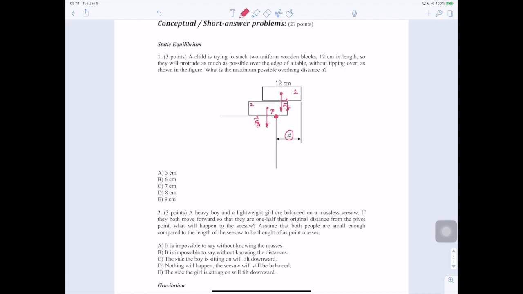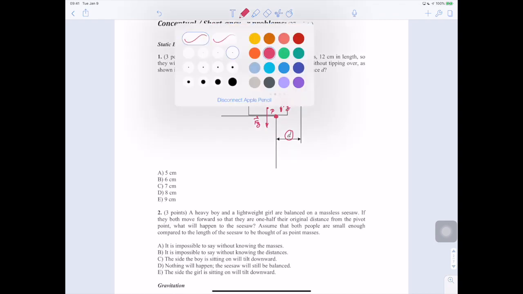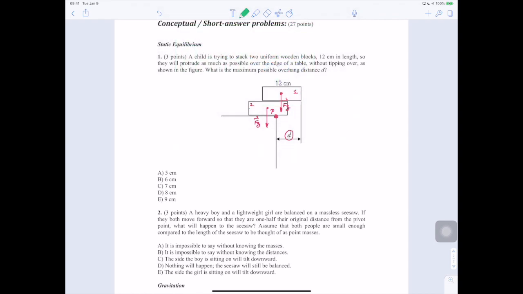So can we push this a little bit further? 7, 8, and 9. Well, if it would in fact be 9 centimeters, then what would we have here? We would have a symmetric configuration. Let me sketch this like this. This here is 6 centimeters. This here is 6 centimeters. This here is 6 centimeters. And this here is 6 centimeters.